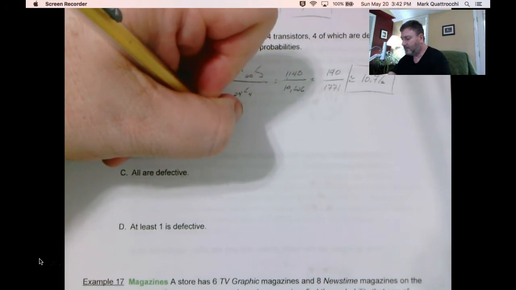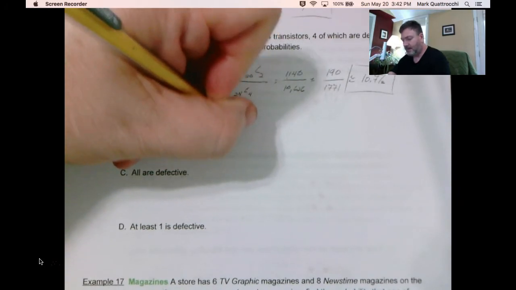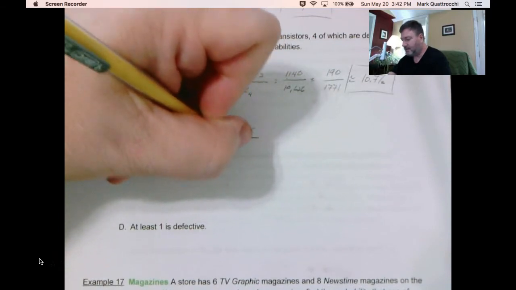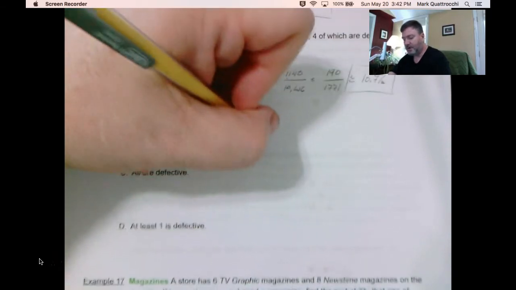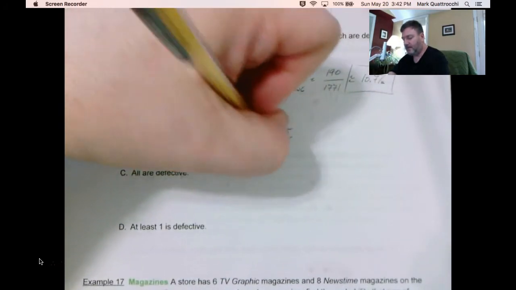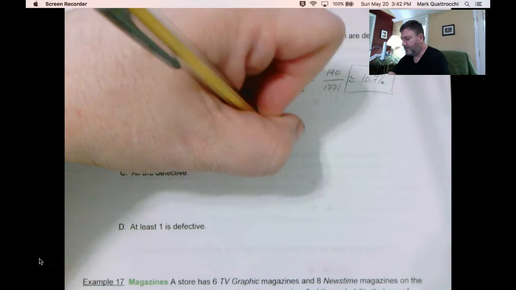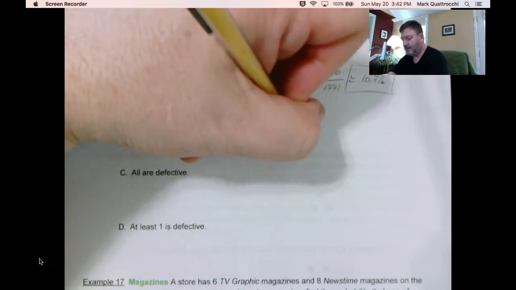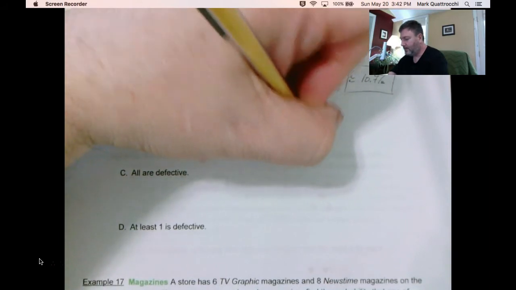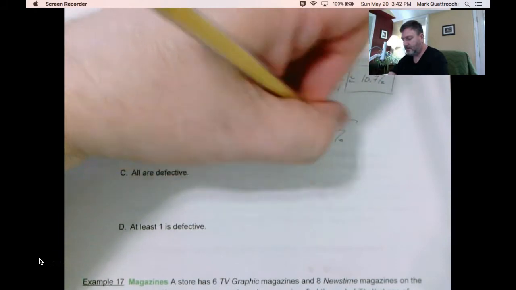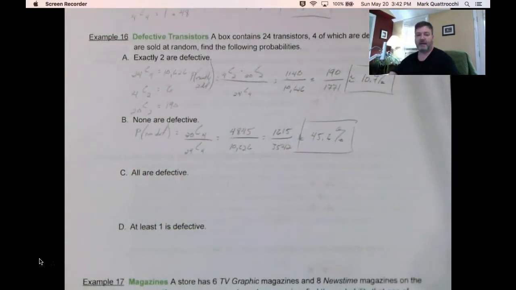And that's 4,845 out of the 10,626 possible. 1615 over 3542, or approximately 45.6% chance that none of them are defective.